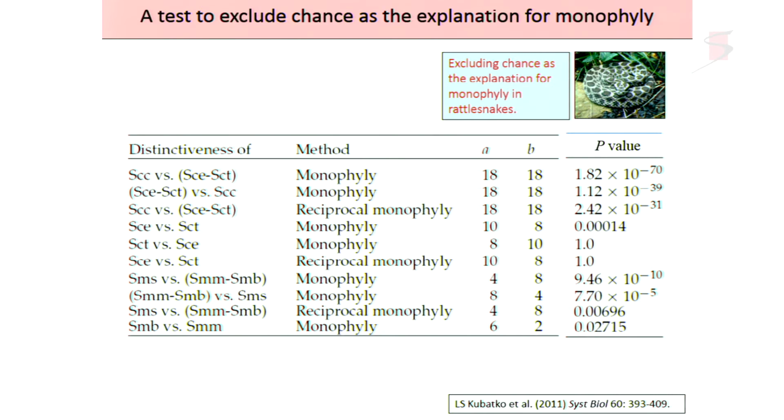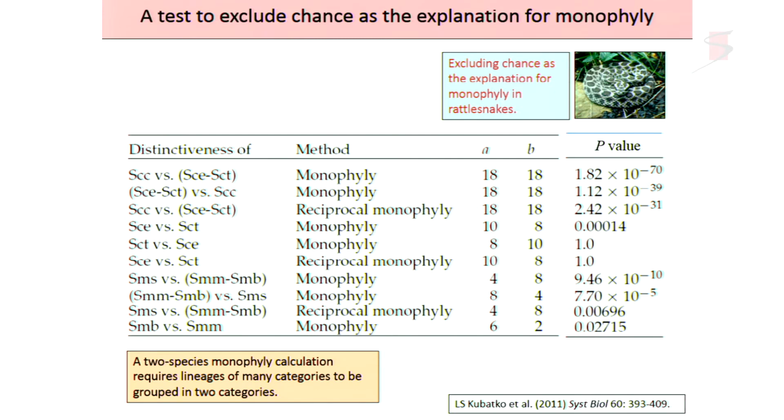Okay, so there's more than two rattlesnake species or subspecies of interest, and they get lumped into two groups in order to fit them into the two species calculation. So this two species calculation requires lineages of many categories to be grouped into two categories.